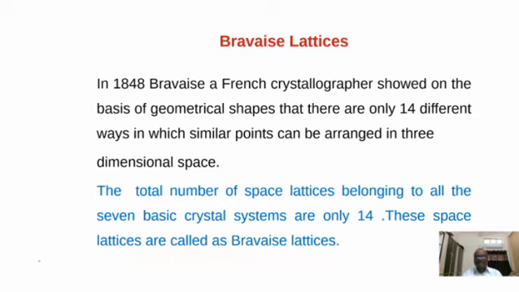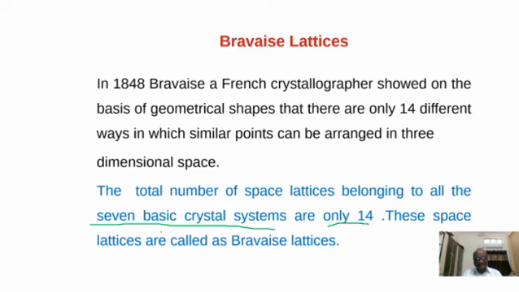So the total number of space lattices belongs to all 7 basic crystal systems. The 232 arrangements are regrouped into 7 systems finally. The 7 basic crystal systems together contain 14 types of arrangements, and these 14 types are called Bravais lattices.